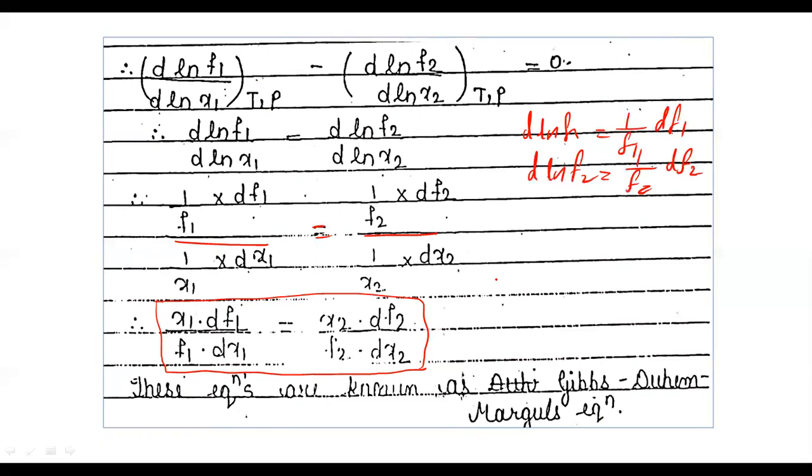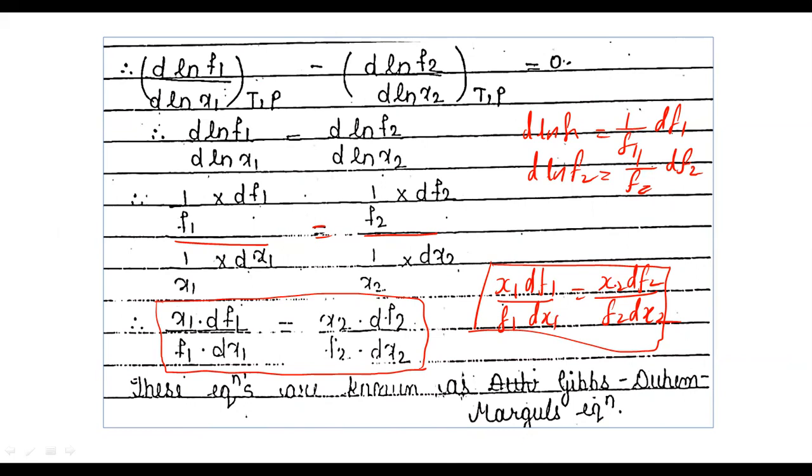The equation can be written as x1 df1 divided by f1 dx1 is equal to x2 df2 divided by f2 dx2, and this equation is called the Gibbs-Duhem-Margules equation, where x1 is the mole fraction of component 1, df1 is a small change in the fugacity of component 1, f1 is the fugacity of component 1, and dx1 is the change in the mole fraction of component 1.